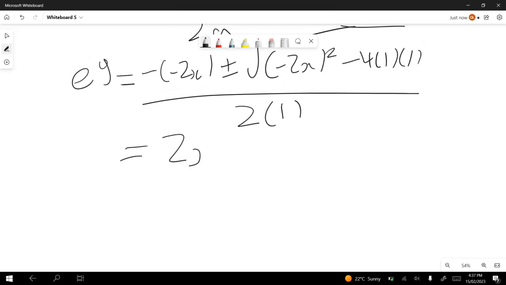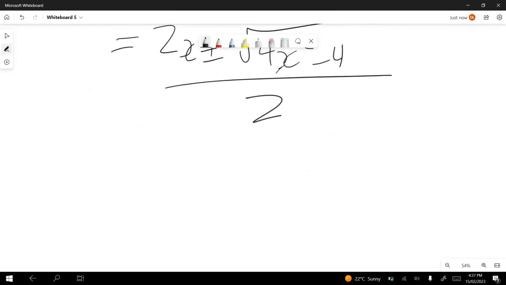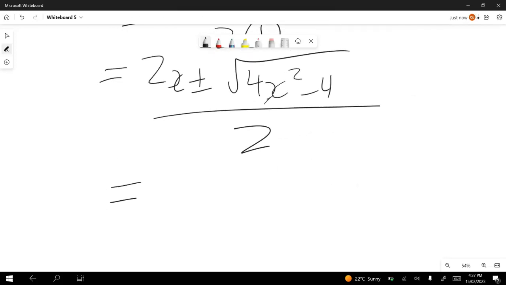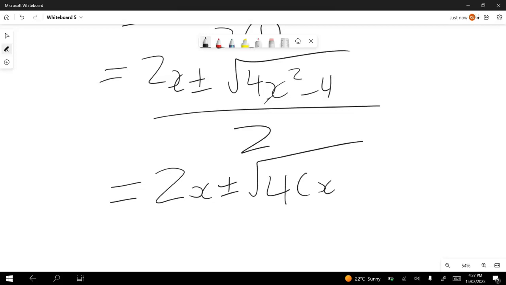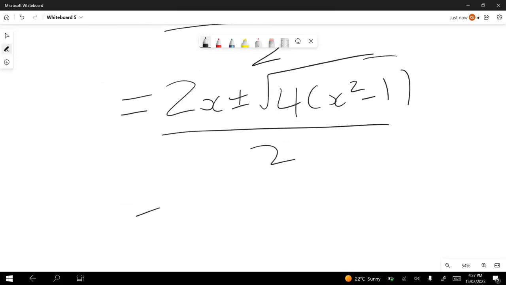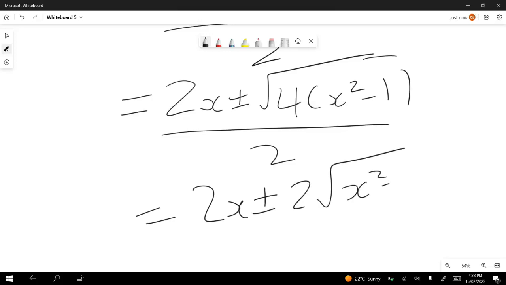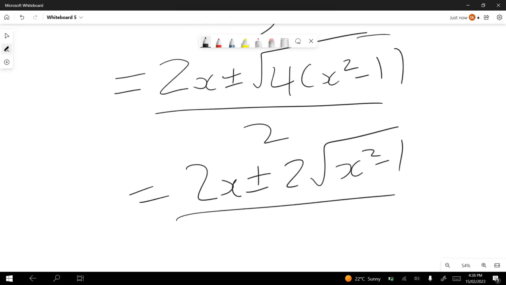So minus negative 2x, you get 2x, plus or minus, if you square negative 2x you get 4x squared, minus 4, over 2. So then you get 2x plus or minus, and I'm going to take out the 4 here. The square root of 4 is 2. So 2x plus or minus 2 times the square root of x squared minus 1, over 2.